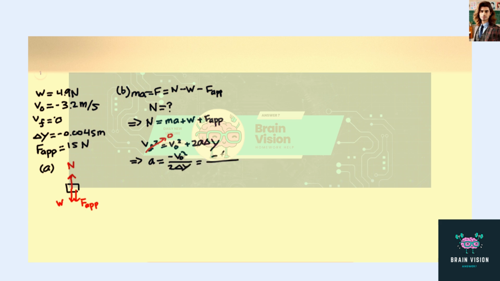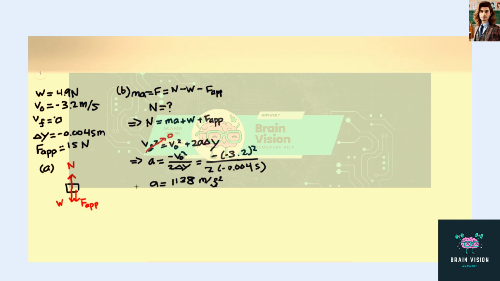Plug in numbers, lots of negative values because everything is acting downward: 2 times negative 0.045, a really small displacement. We get an acceleration of a very high number, 1,138 meters per second squared. I'm saving a couple more significant figures than I probably should because that's not our final answer.